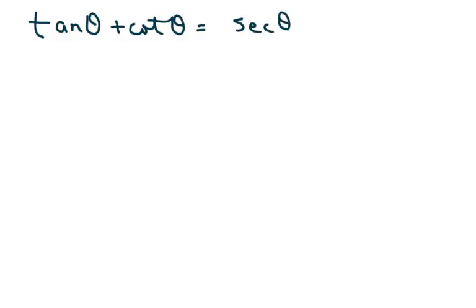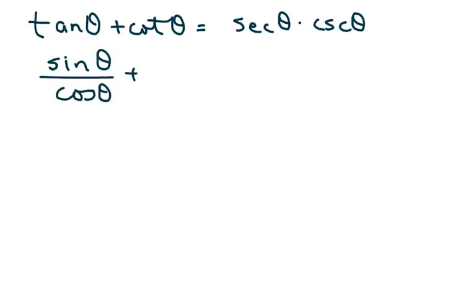Okay, the next one is kind of the same thing. You have tan of theta plus cotan of theta. We want that to equal secant of theta times cosecant of theta. I'm going to go ahead and work on the left side here. So this is sine of theta over cosine of theta plus cosine of theta over sine of theta.